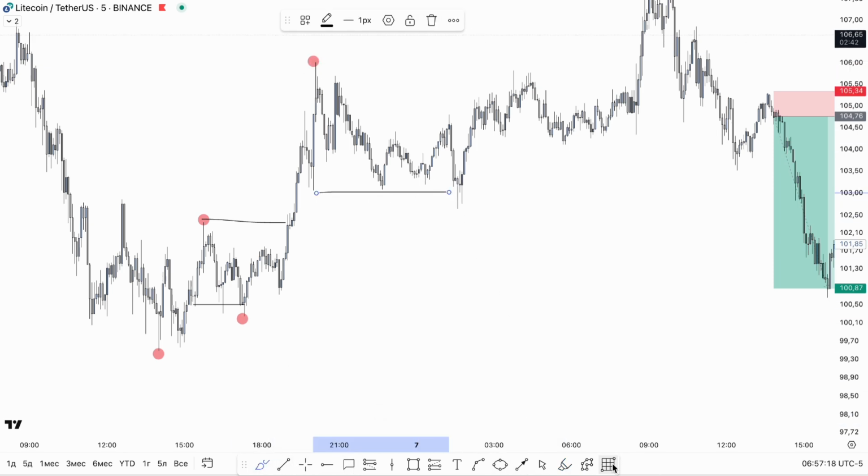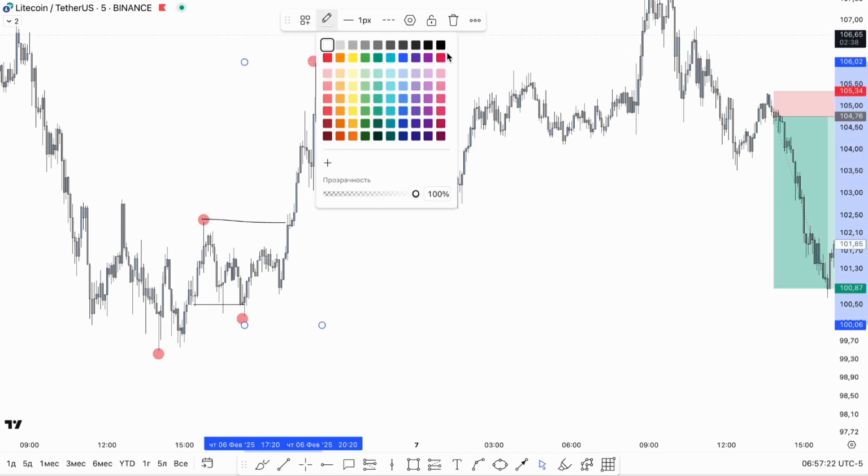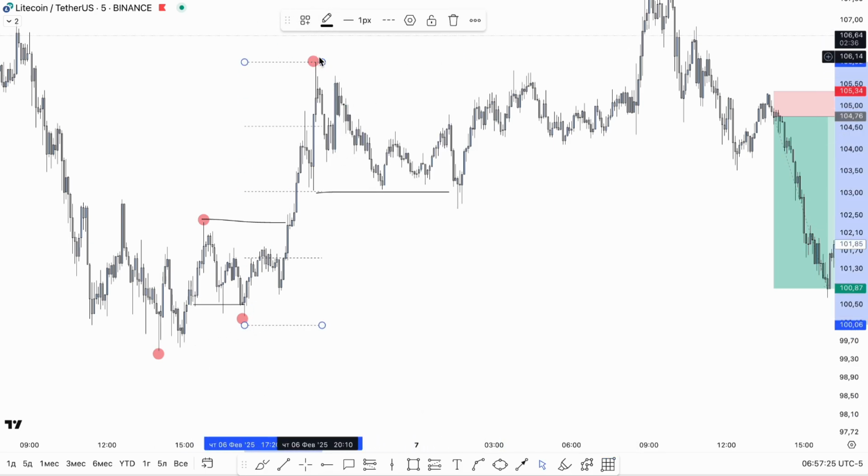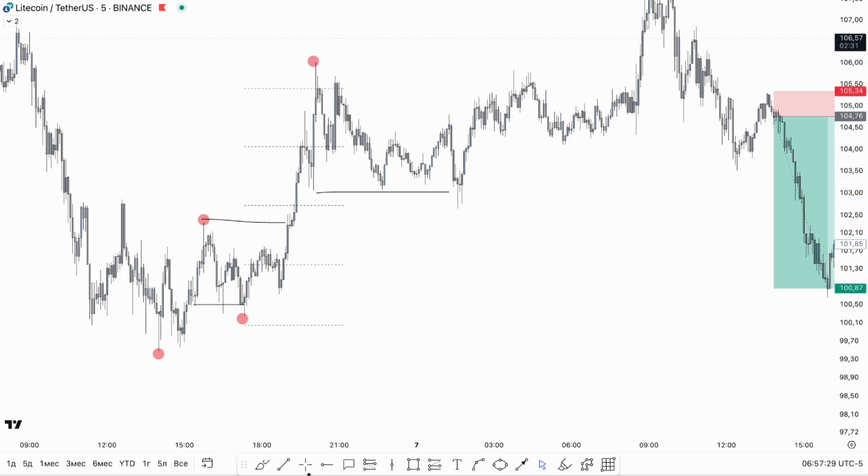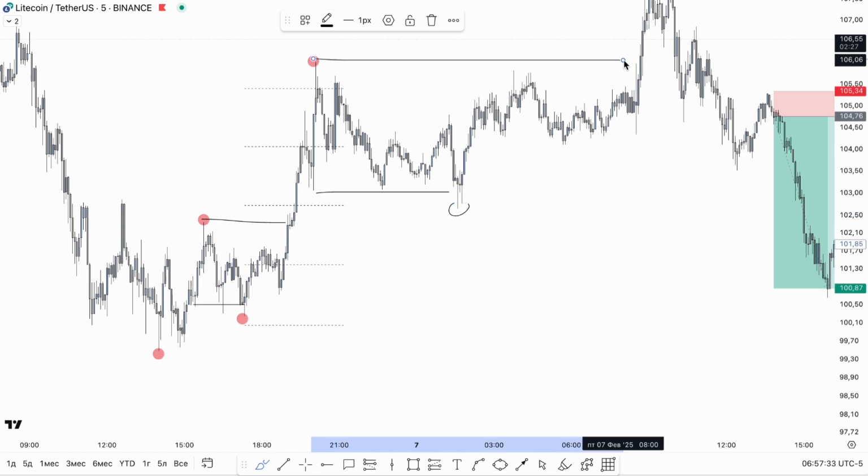But an important point: the price did not trade the average value, that is 0.5 of our impulse. Accordingly, this LOI, which was confirmed here, will be weak. Even if the price makes a BOS here, it will be a weak point.